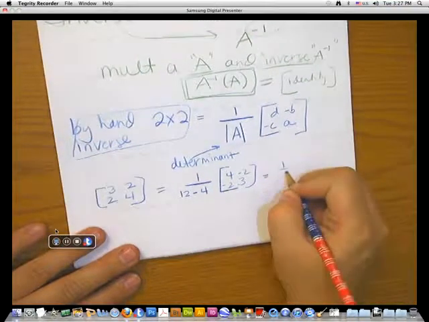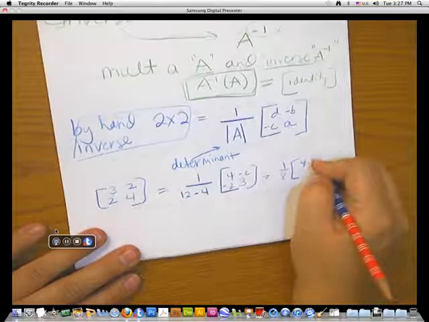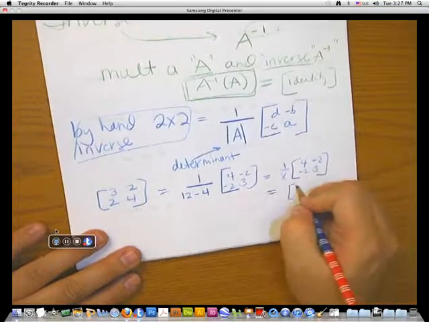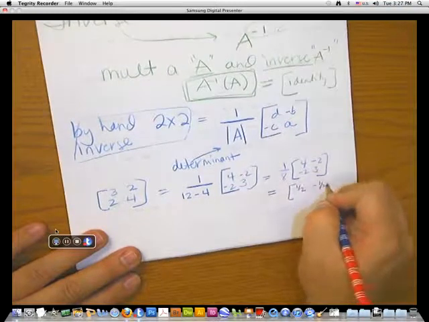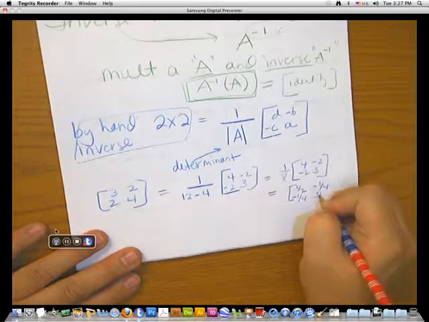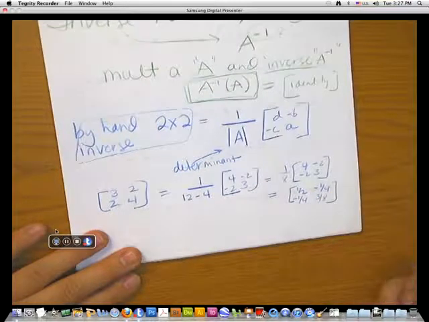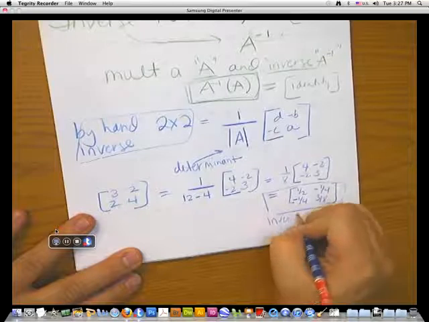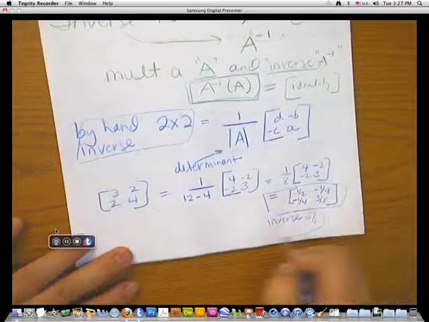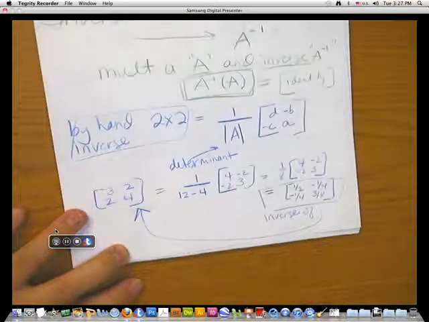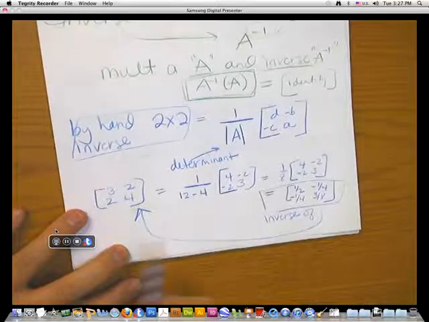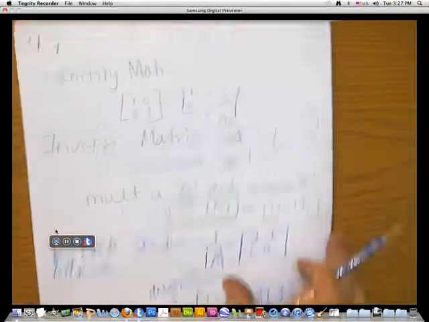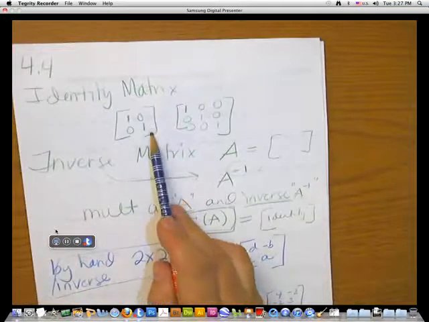So that would be 1/8. And then when I distribute, that would be 1/2, -1/4, -1/4, and 3/8. This is the inverse of my original. And if I multiplied these two, I would get the identity.